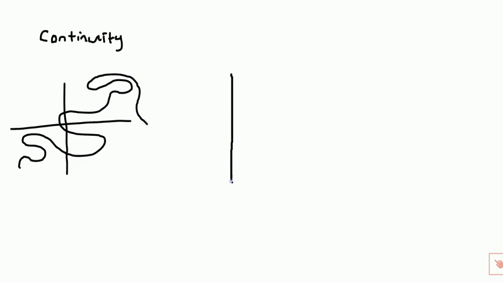Now if you have something that looks like this, this would be discontinuous. You see there's a jump, there's a break in the graph. These lines don't match up. If I was drawing this, I come in here, and then I'd have to pick up my pencil and move it down here to continue drawing it.